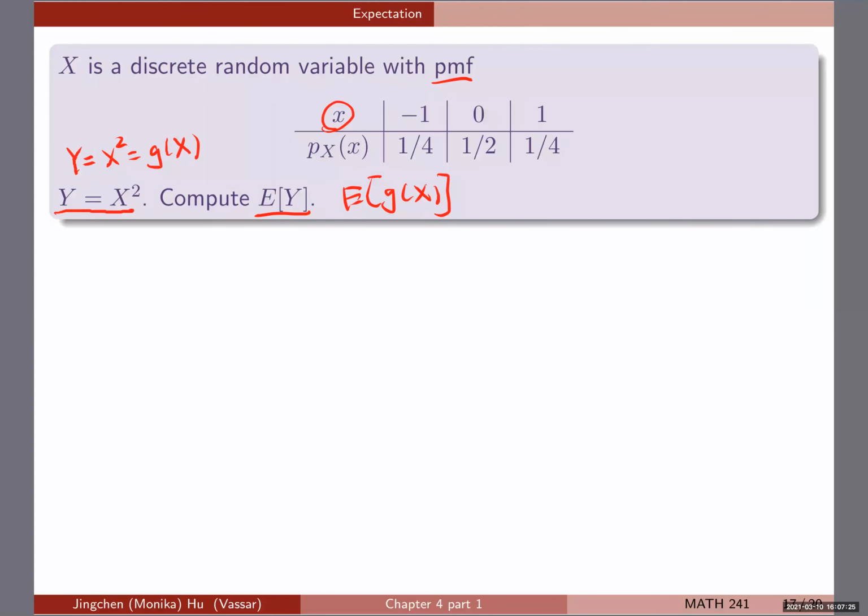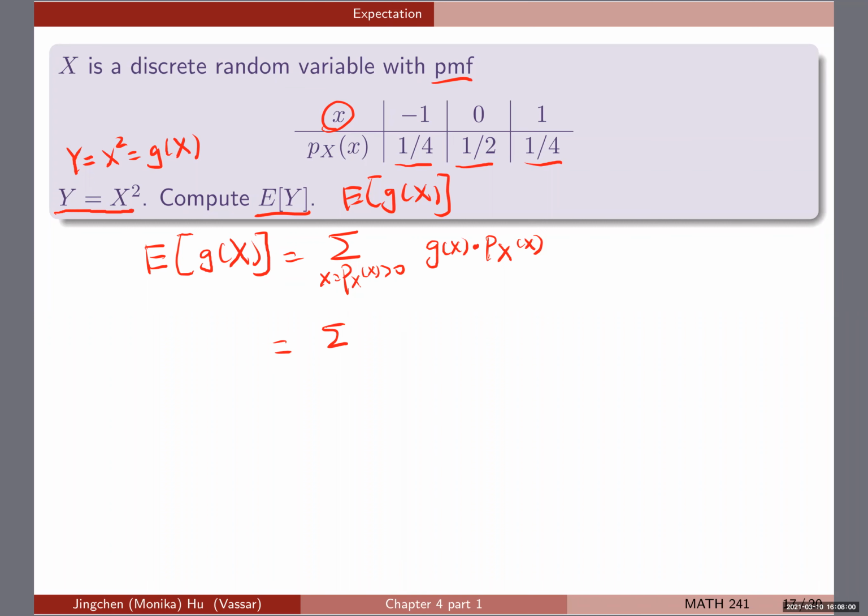If we follow the result that we had earlier, the expectation of g(X) is the sum over all of the possible x where p_X(x) is greater than 0, of g(x) times p_X(x). Let's just do it one by one. We have the PMF handy, and our function is X squared.